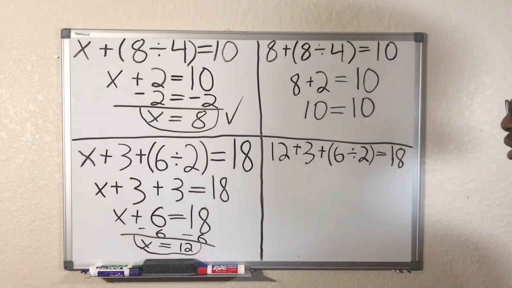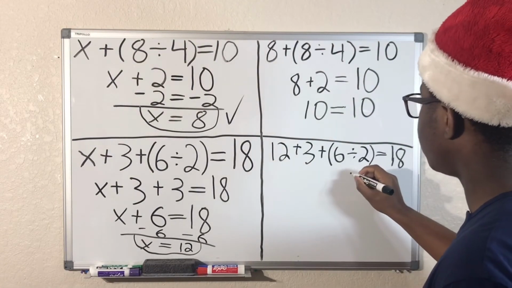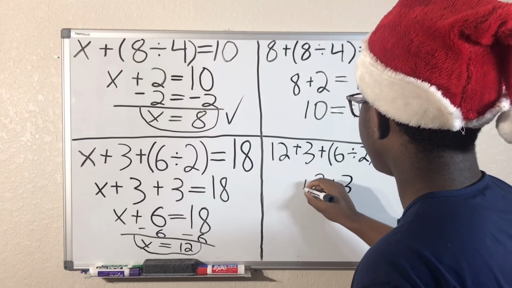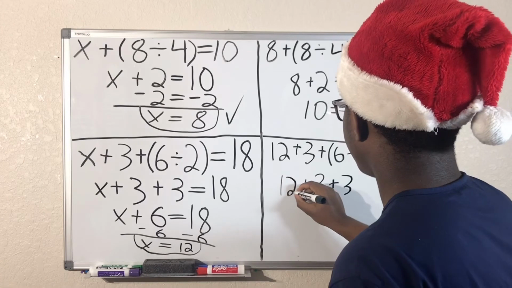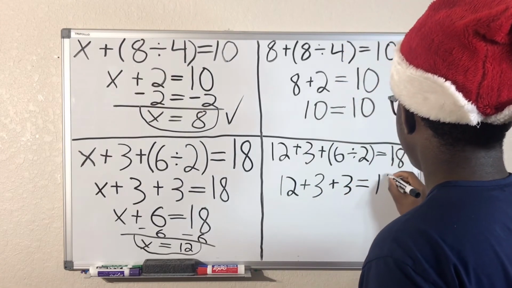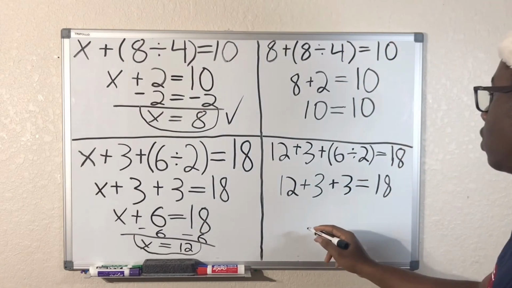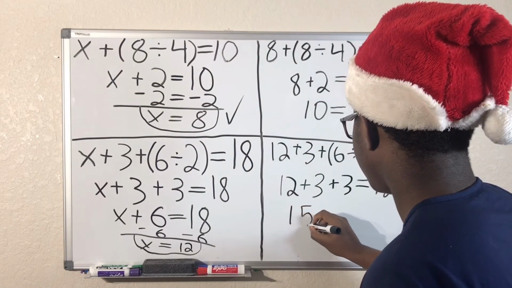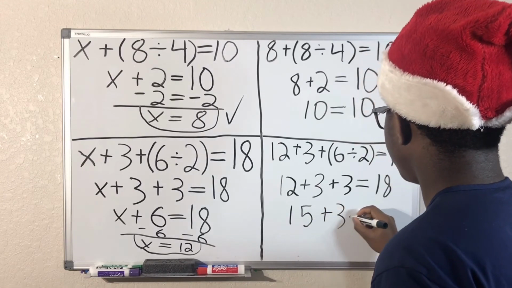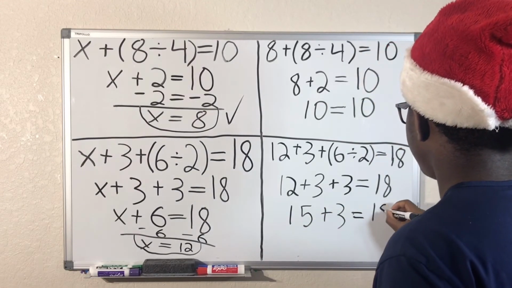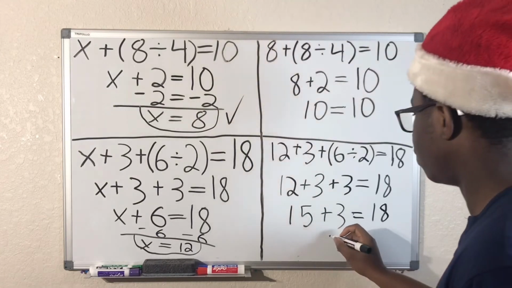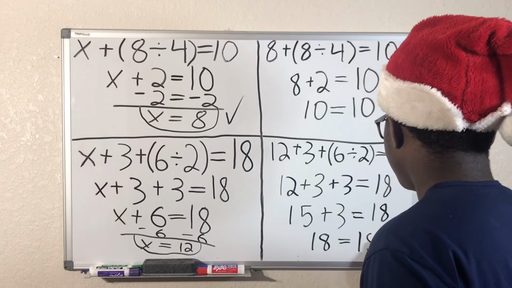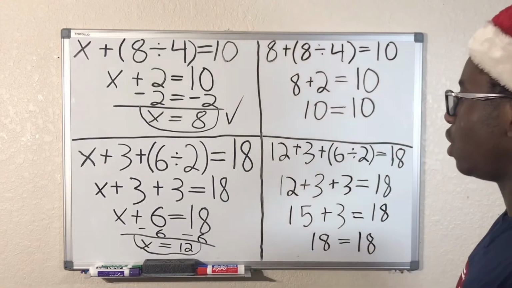So start off with our parentheses. 6 divided by 2 is 3, plus 3 plus 12. All of that is equal to 18. So we solve. 12 plus 3, get 15, plus 3 is equal to 18. 15 plus 3 is 18, and this is equal to 18. So we know that this question is correct.